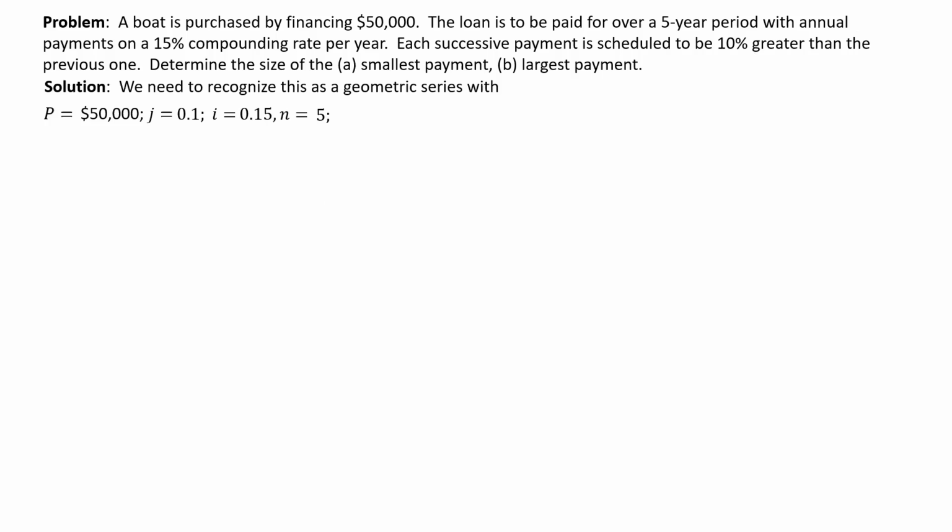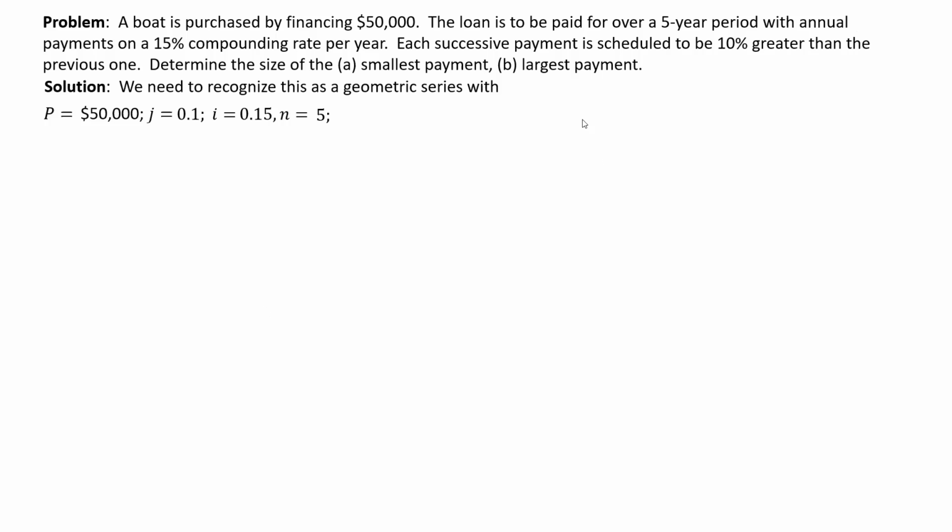What's up with that? Oh, if you recall the picture, we do A1 in year 1, A1 times (1 plus j) the second year, right? And so on. So the smallest payment is exactly the same as that A1.